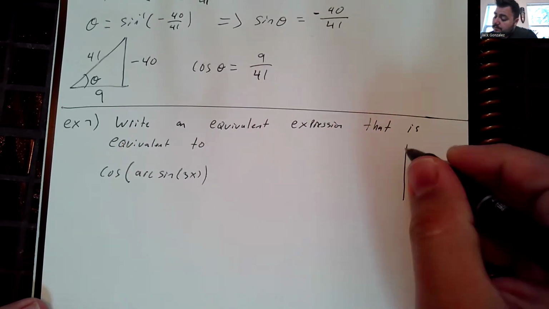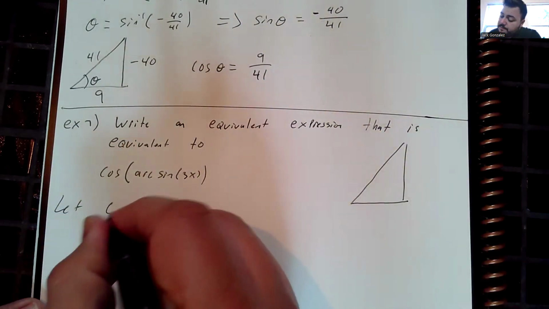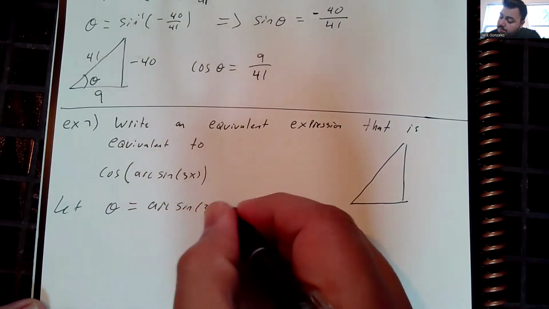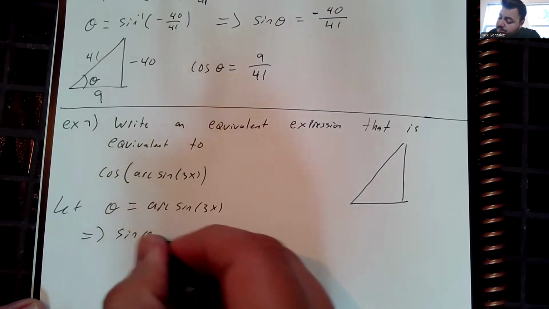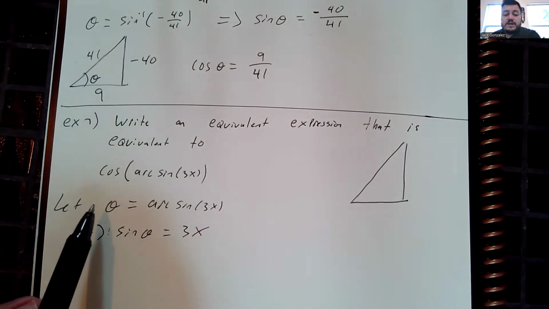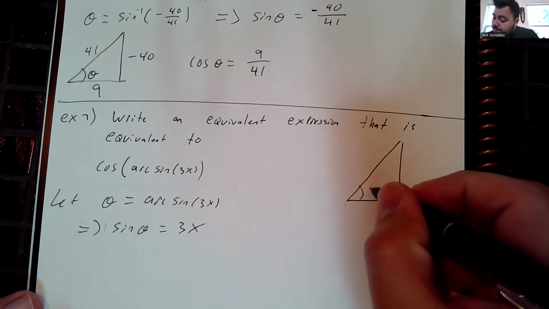Let theta equal arcsine of 3x, which implies that sine of theta is equal to 3x. Or you can think of it as doing sine of both sides, but I just apply that definition nowadays.